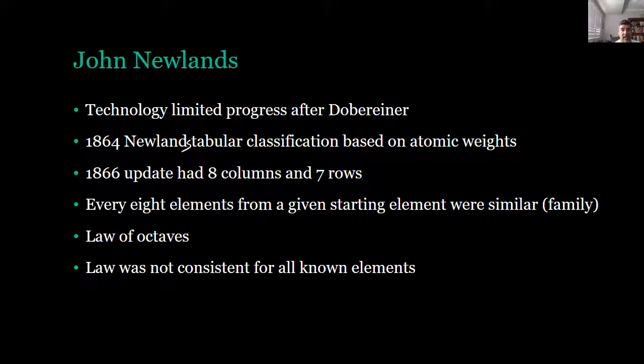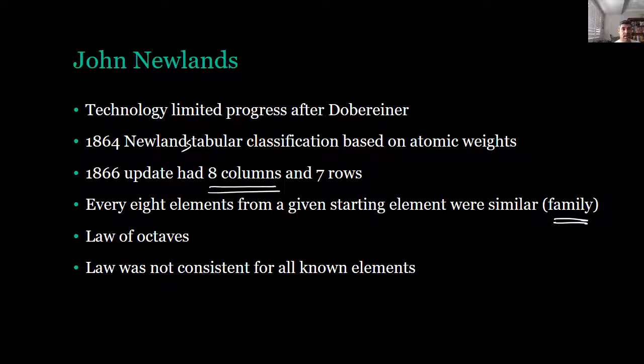He later updated that table to have 8 columns and 7 rows, and we were already starting to get a sense that the number 8 was going to be very important in our study of elements. What Newlands found was that every 8 elements from a given starting point had some similarities in their properties and hence belonged in the same family.